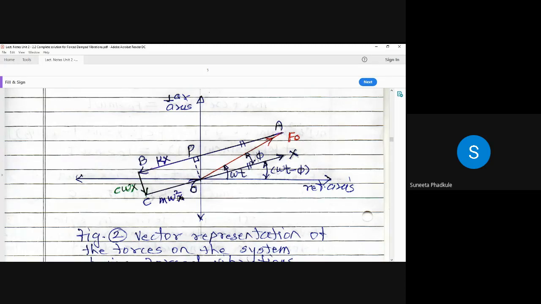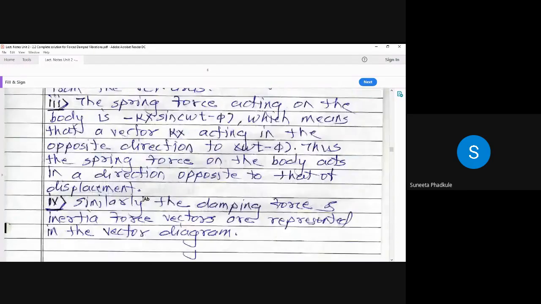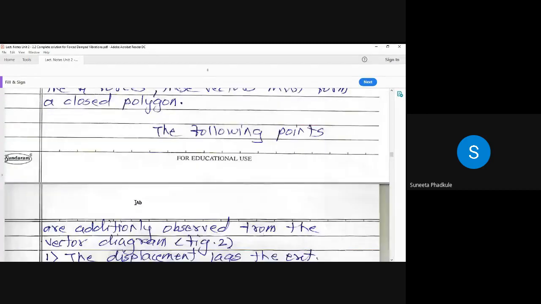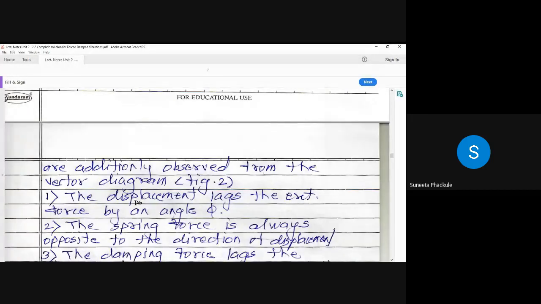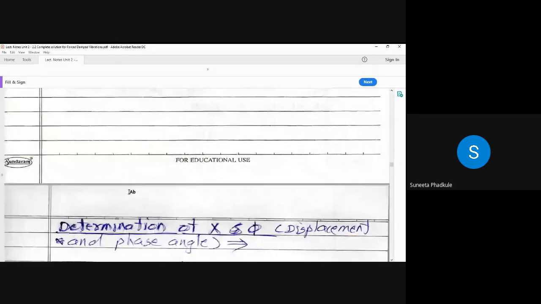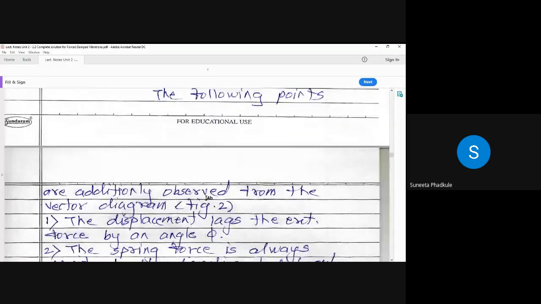Okay, so these are the forces, and let me draw a very important conclusion from this, which I have not read here because I did not know whether the time would permit or not. I have written this as additional observations.